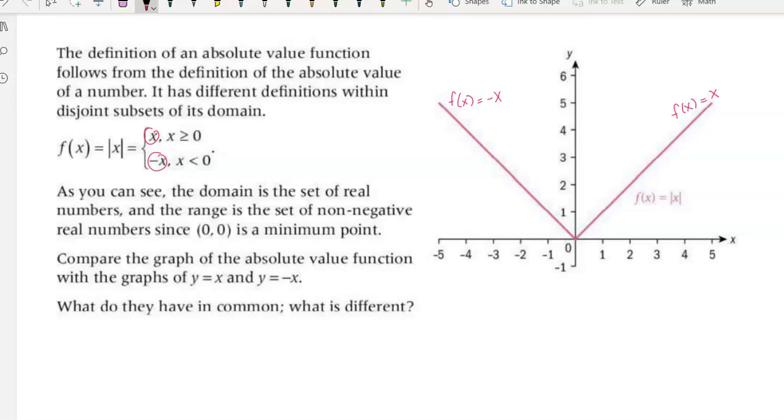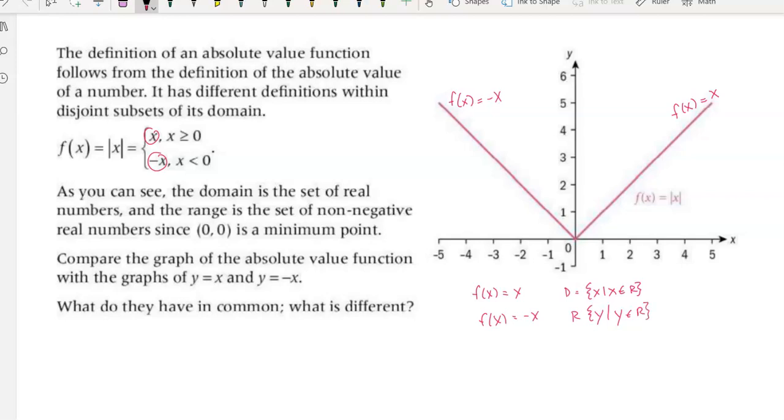If you take a look, the domain and range of linear functions f of x equals x or f of x equals -x, for domain, it's going to be x, and x is all real numbers, and range also, y is an element of all real numbers.